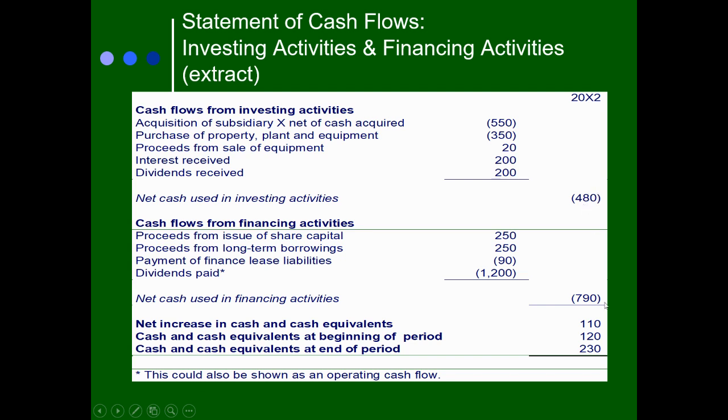This is an extract, so you will not get this amount 110 because there is information for the operating activities that I have not included here. This only shows how the investing activities and financing activities are reported in the statement of cash flow.